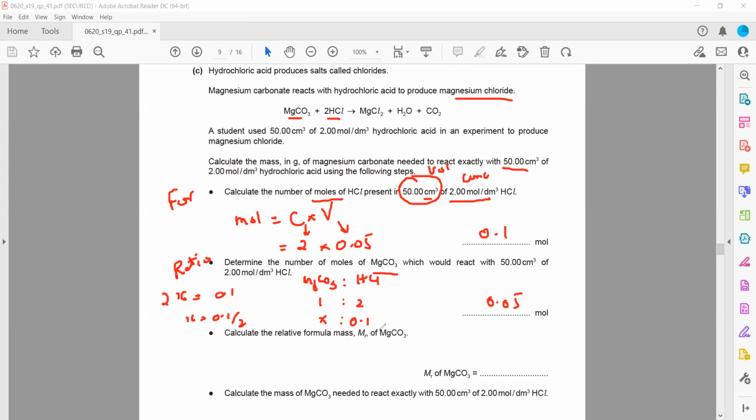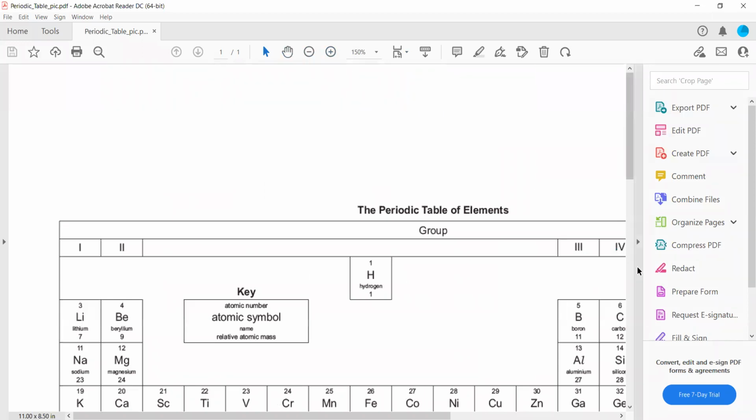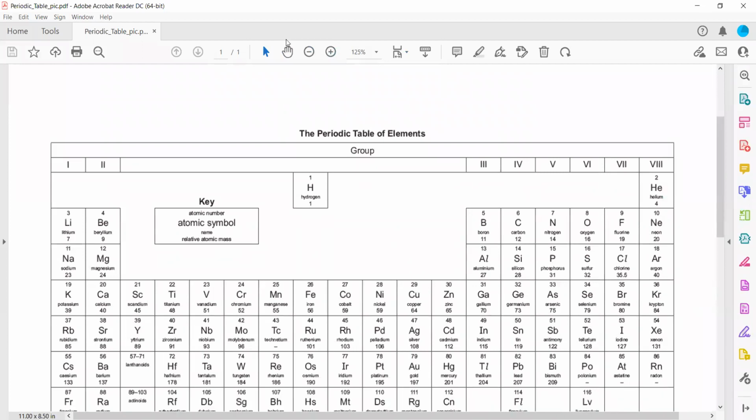To calculate a relative formula mass, we have to use a periodic table. We have magnesium carbonate, which is MgCO3, where magnesium is 24, carbon is 12, and oxygen is 16.